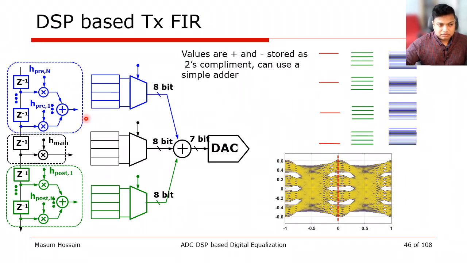Similarly, for pre-emphasis, we can do another lookup table from where these 8-bit values are added to the main and the post cursor.